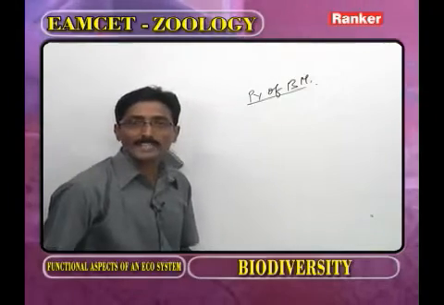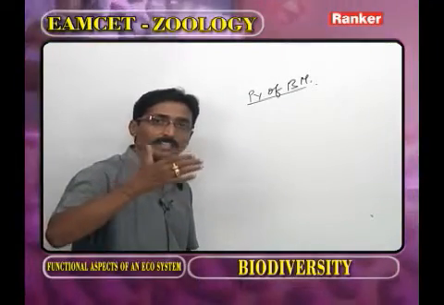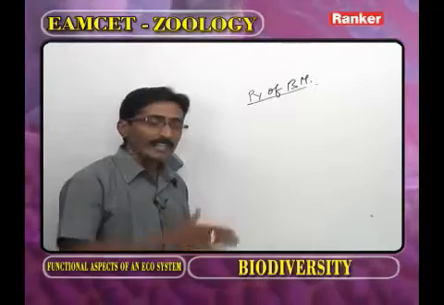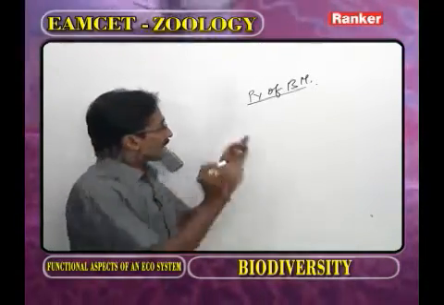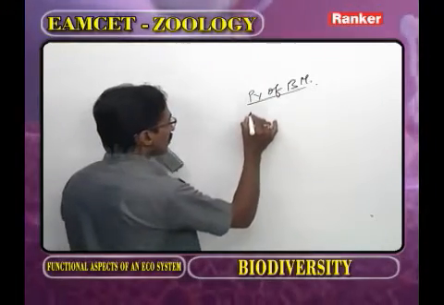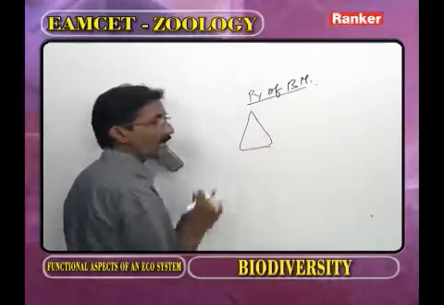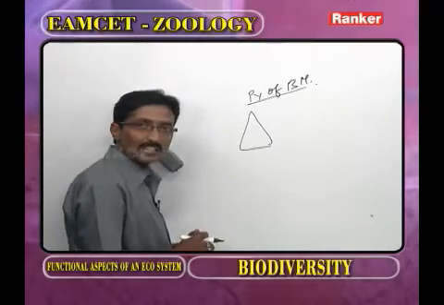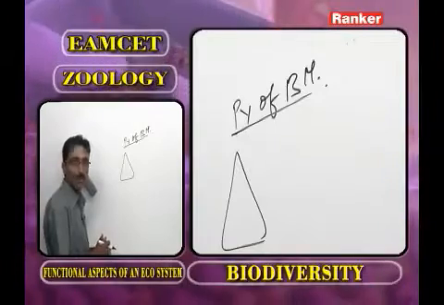As we observe the ecological pyramids, as the trophic level increases, the number decreases, and as the number decreases, the biomass decreases. In general, what is the shape of the pyramid of biomass? No doubt it is triangular, straight or upright. But here, what is being asked? What is the pyramid of biomass in a pond ecosystem?